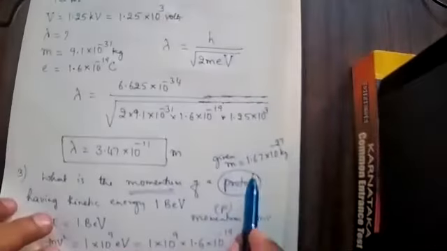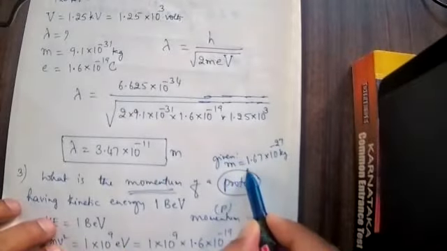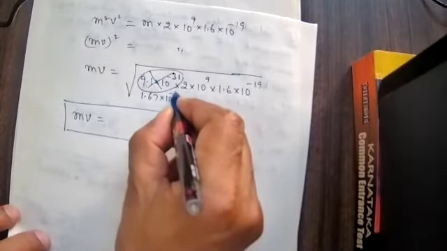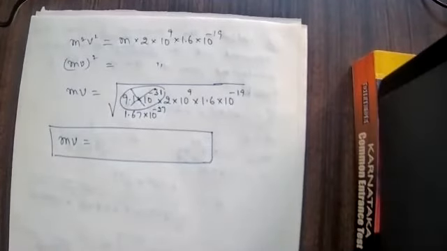Instead of that one, we have to take 1.67, 10 to the power minus 27 because it is a proton. Proton mass is 1.67, 10 to the power of minus 27 kg. Electron mass is 9.1, 10 to the power of minus 31 kg.